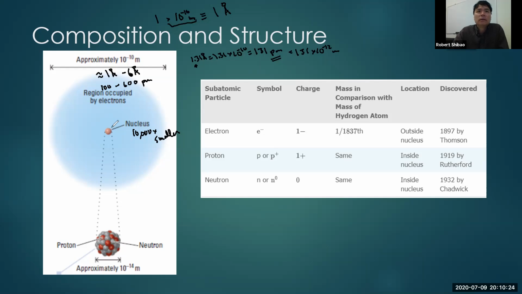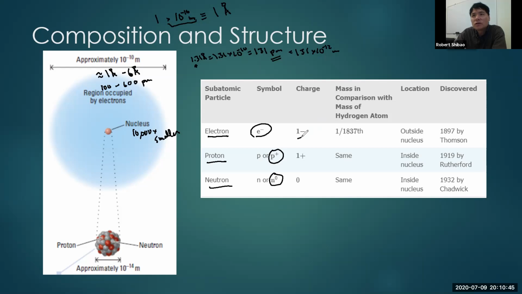Inside, then, what are atoms made up of? This is the structure of the atom here. The composition is that it's made up of electrons, which we call e minus, protons, which are called p plus, and neutrons, which are n zero. I put the charges on here.